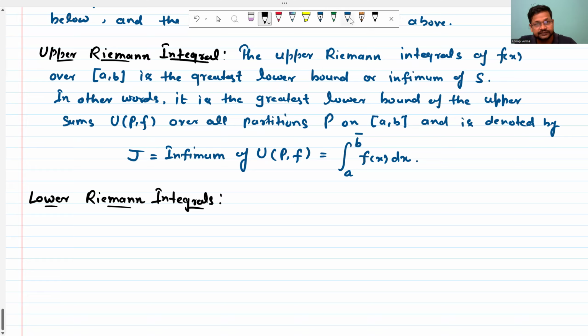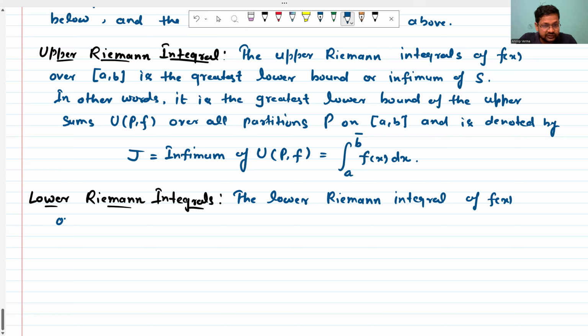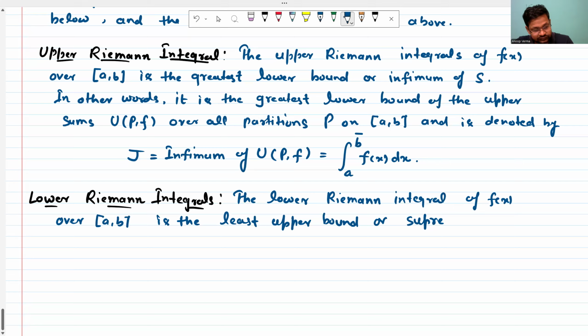The lower Riemann integral of f(x) over the closed interval [a, b] is the least upper bound. We discussed supremum and infimum earlier, so now you can understand well what the least upper bound is, what the supremum is. Okay, simply put, this is the supremum of the smallest.